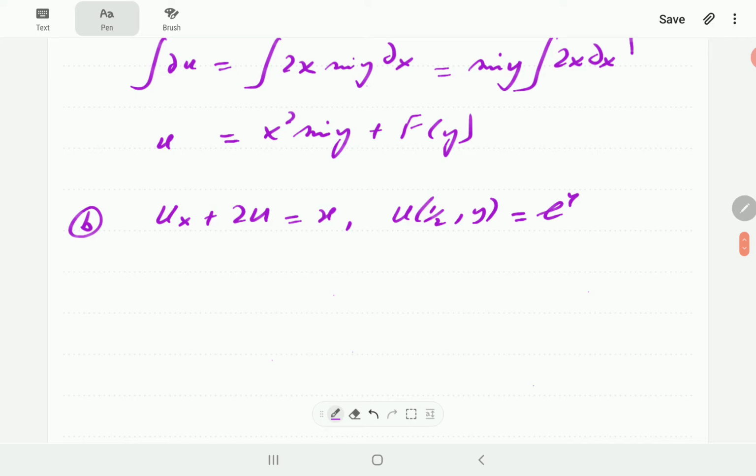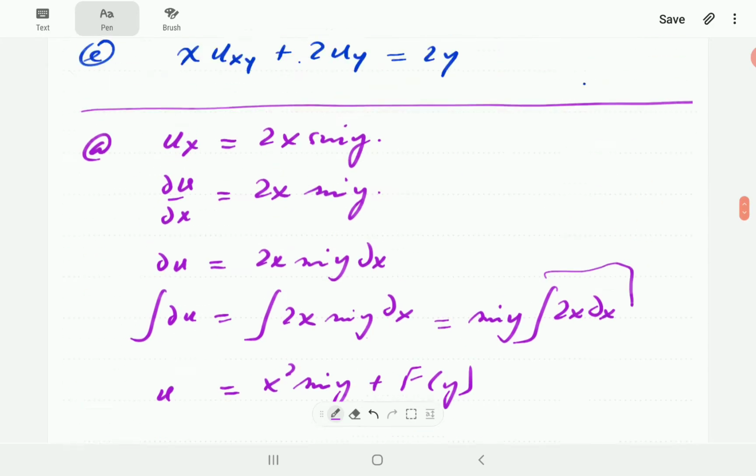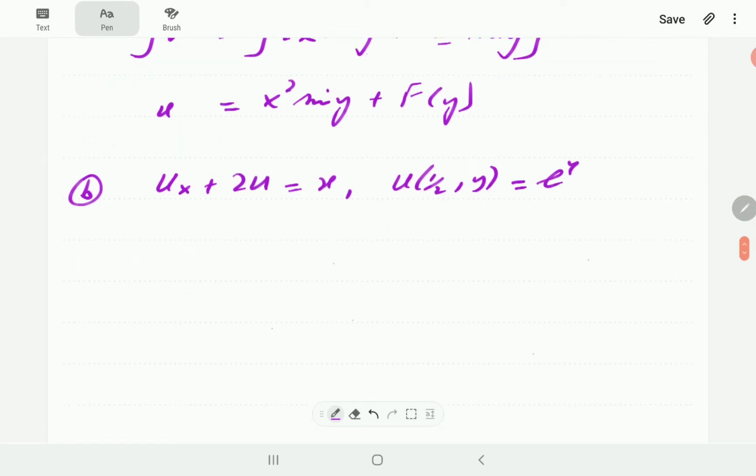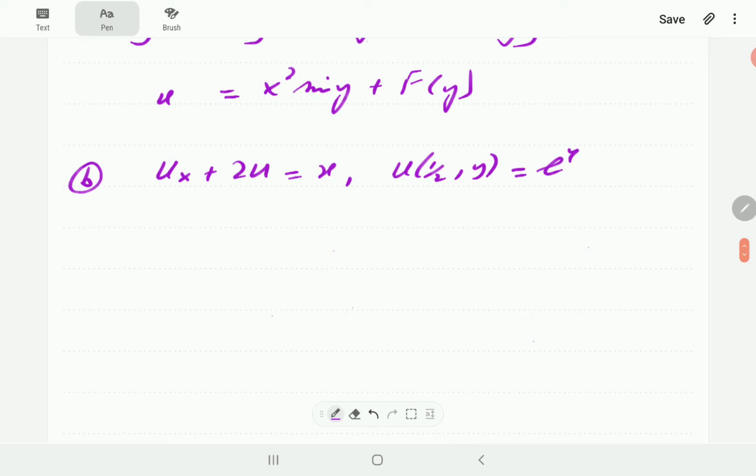Okay, so this one is a first order PDE, but there is only one derivative involved. Well, just like it was the case here, this one there's only the one derivative term, so that's why I can simply integrate. So this one we can treat as an ODE.